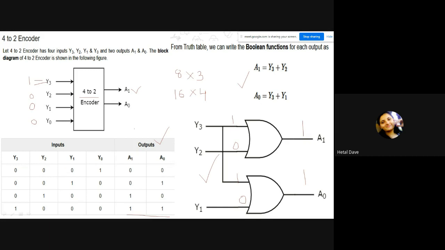Steps are the same. You will draw the block diagram of 8 cross 3, prepare a truth table in the same manner as 4 cross 2, then prepare the equation, and then the final diagram.